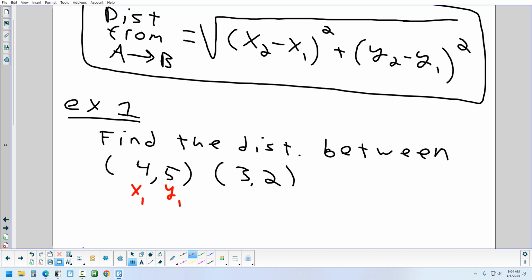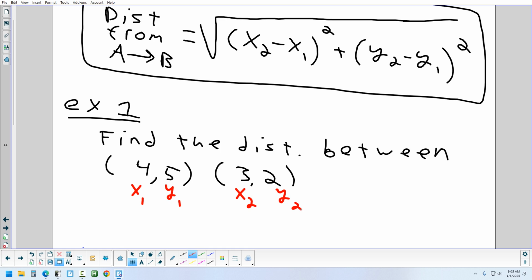And technically, you could make them x2 and y2. You just have to keep them with the same number. Okay. So x1, y1. How about the 3? Yes. It's going to be x2. And the 2? y2. Now it's just a matter of taking those 4 numbers and filling them in.